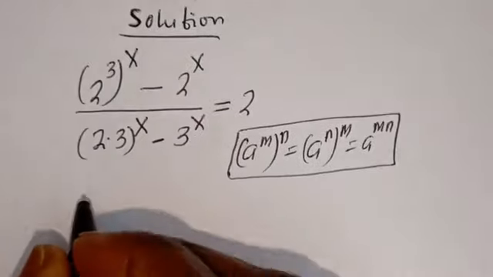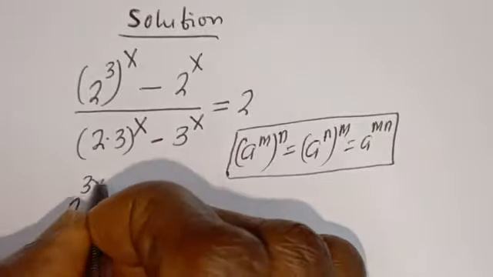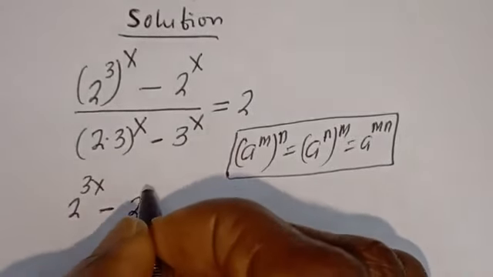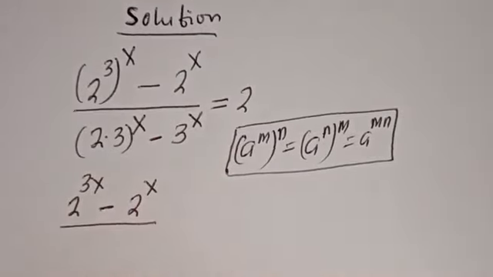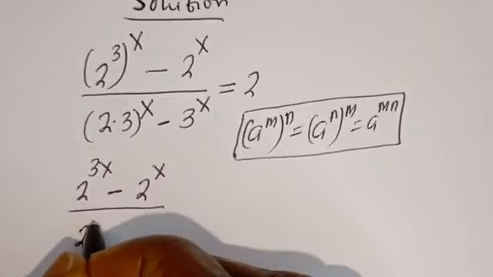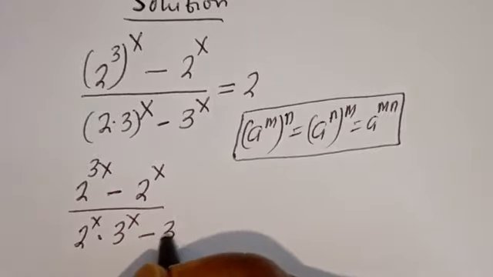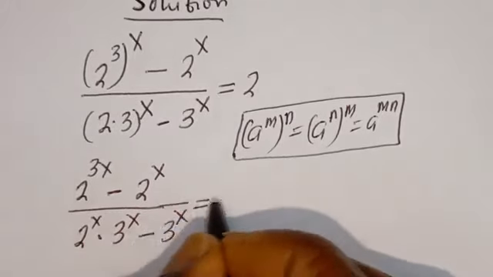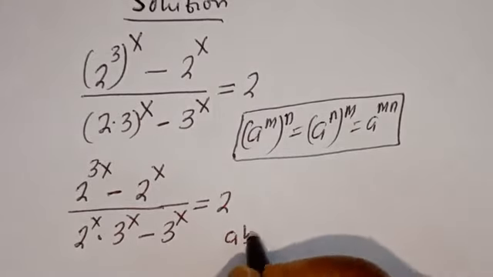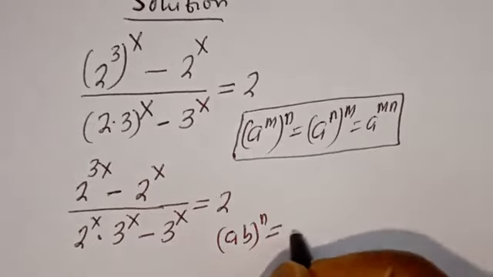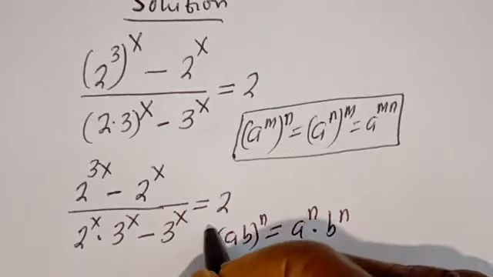This can be written as 2 to the power of 3x minus 2 to the power of x, divided by 2 to the power of x multiplied by 3 to the power of x, minus 3 to the power of x, is equal to 2. That is, if you have ab to the power of n, this is equal to a to the power of n multiplied by b to the power of n.